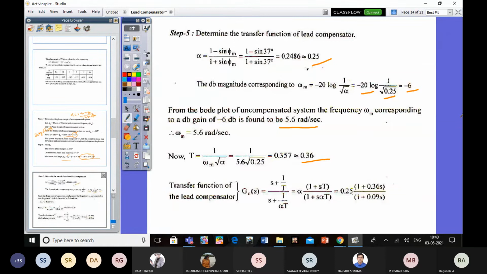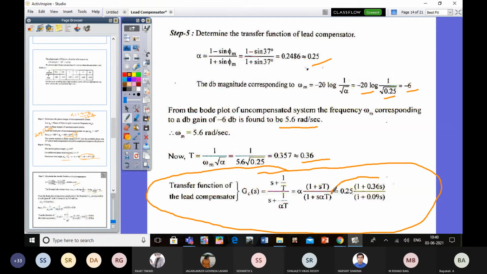Next you are going to determine the compensator transfer function: alpha into (1 plus sT) divided by (1 plus s alpha T). We simply substitute all such values and you will get the compensator transfer function. Any doubt, dear?